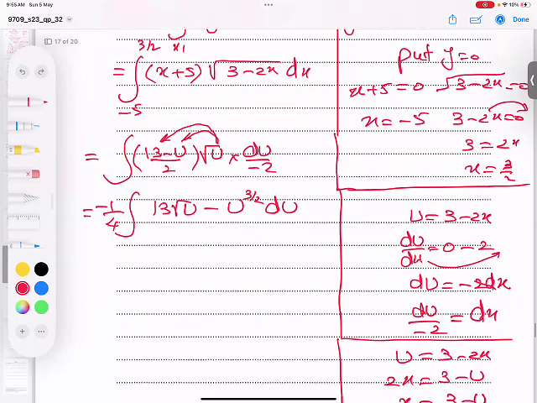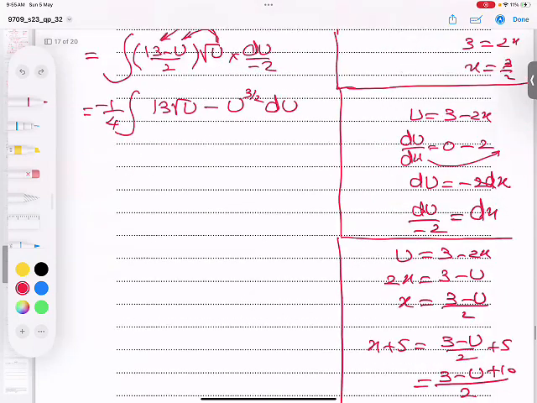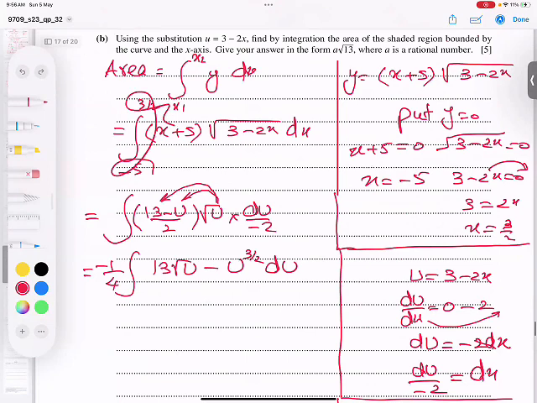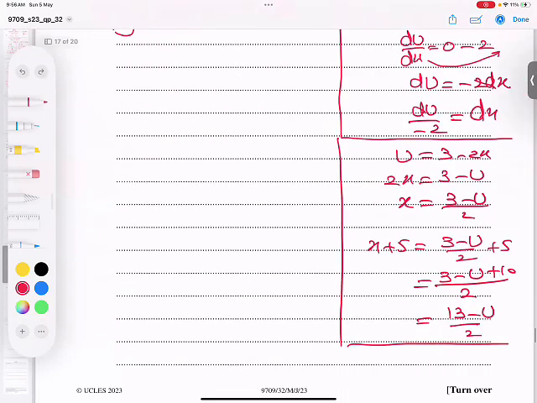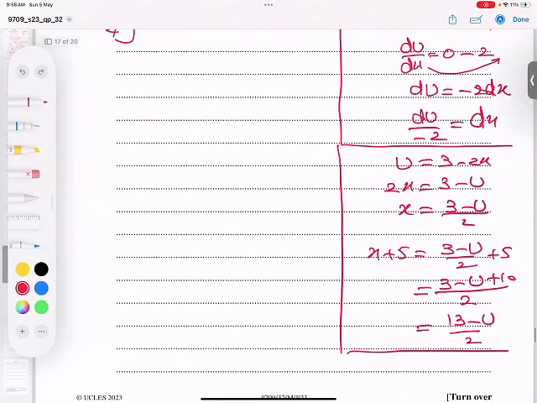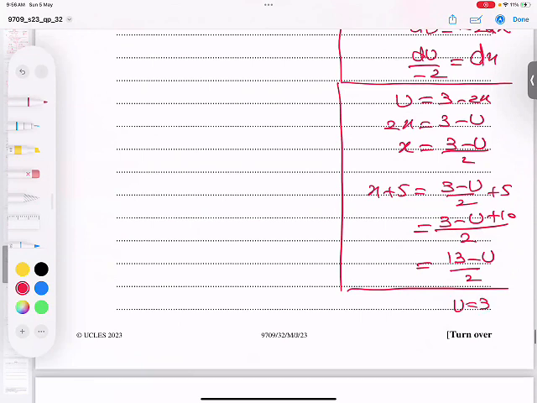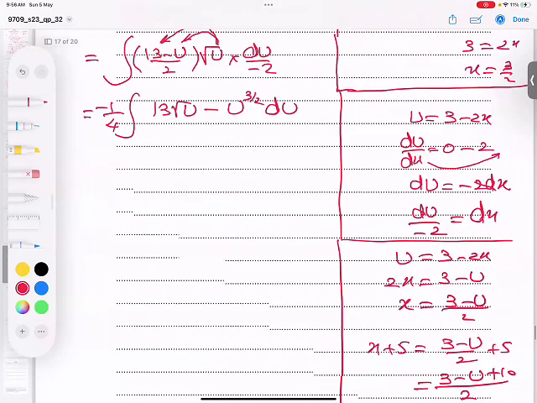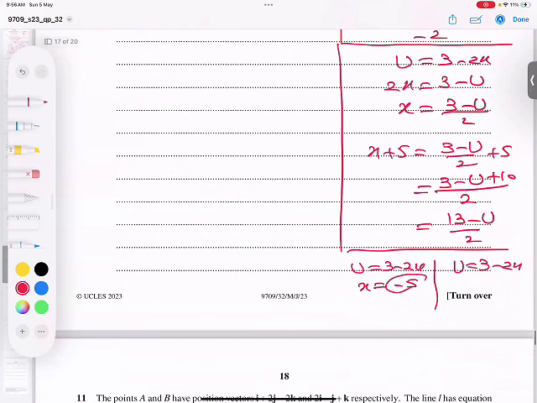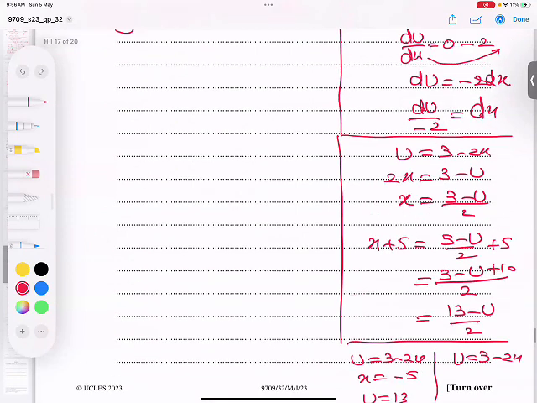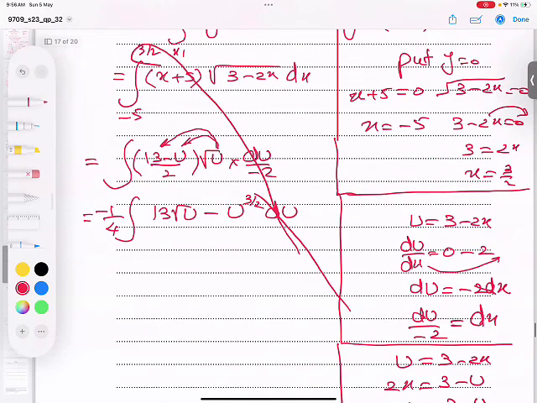Another property is very important. Now we talk about the limits also: negative 5 and 3 by 2. I will use the same equation, u is equal to 3 minus 2x. One time I'm putting x equal to negative 5. Negative 5 gives a plus, so I got 13. And the second number is 3 by 2.